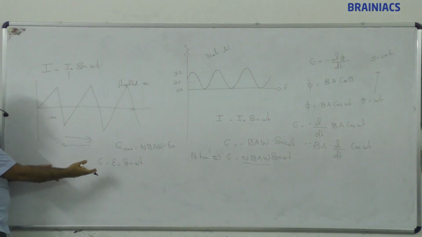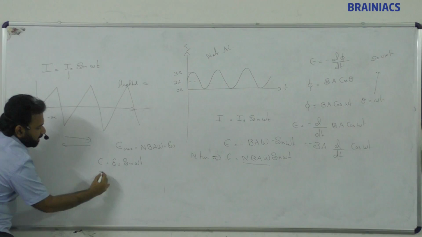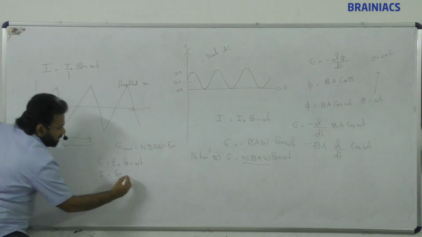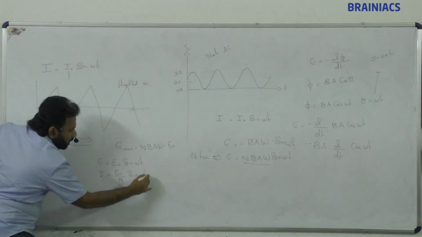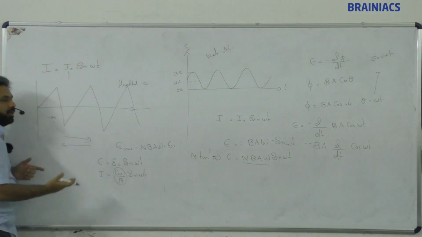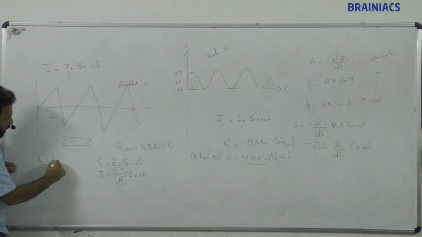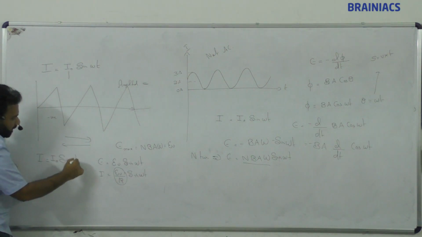This value E by R will obviously be the maximum value of current. So I is equal to I naught sin omega t.